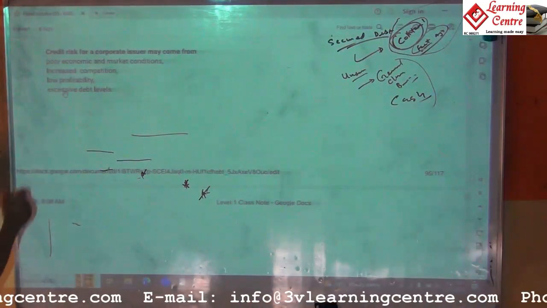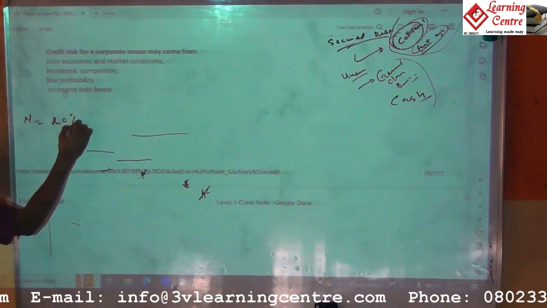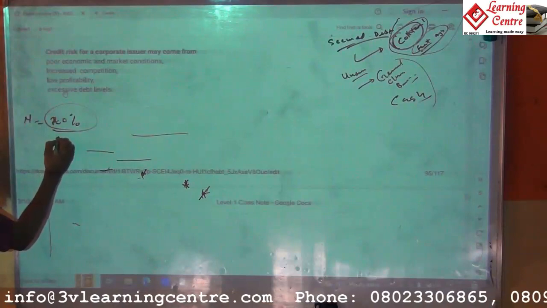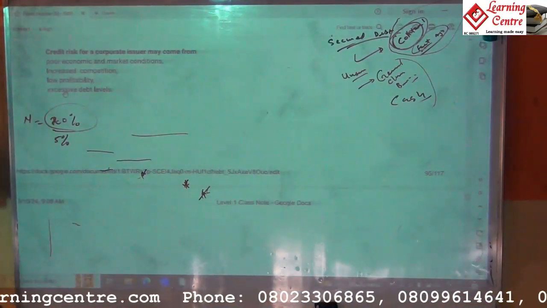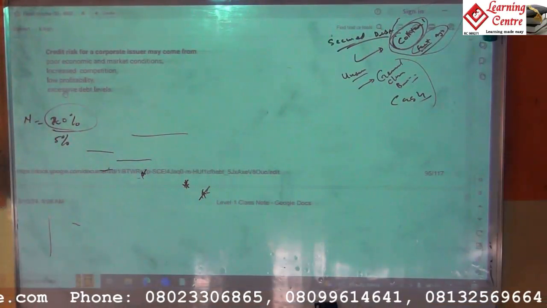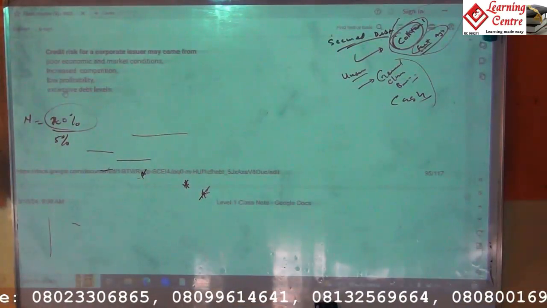If the operating margin used to be 20% and we based the loan on that, but now it is 5%, maybe costs have risen, and it leaves them with certain debt levels that are hard to service.